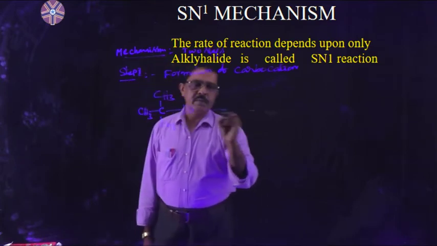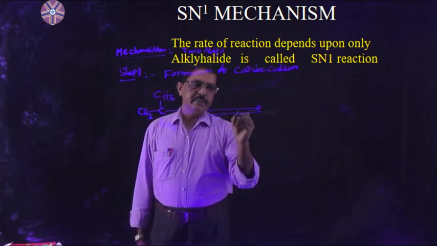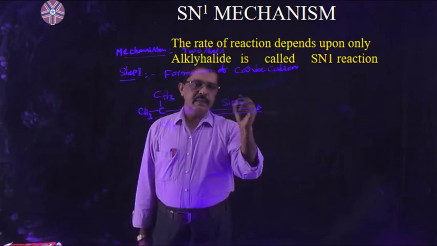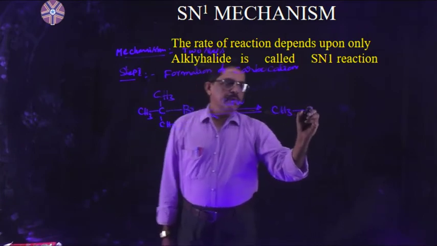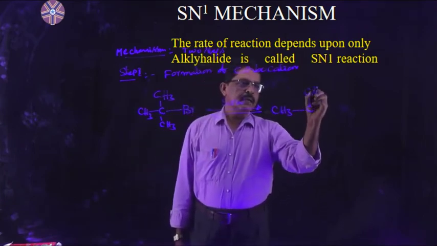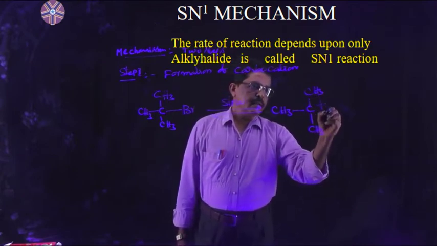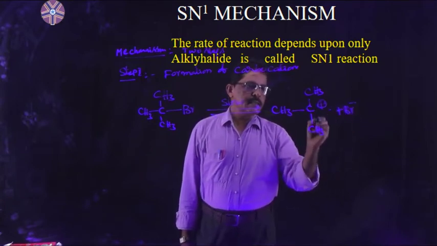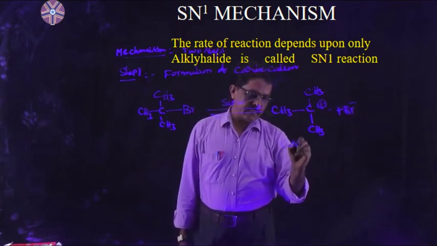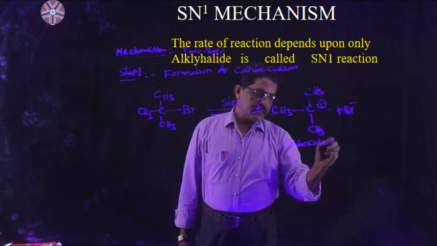Tertiary butyl bromide reversibly gives rise to, and this is the slow step of the reaction, tertiary butyl carbocation. This is the carbon with positive charge. Carbocation: carbon having positive charge.